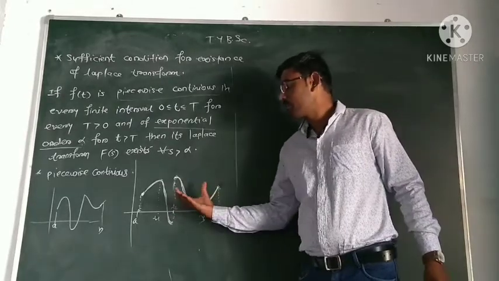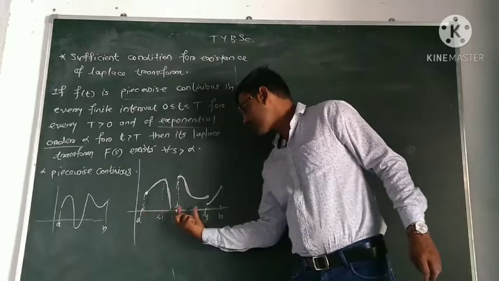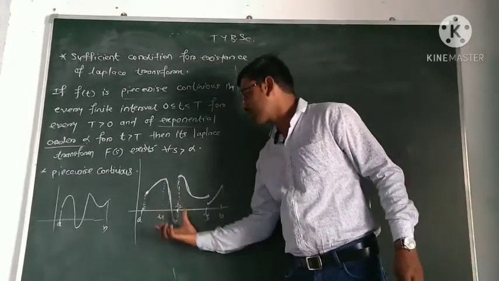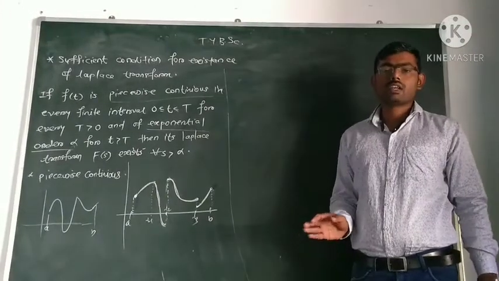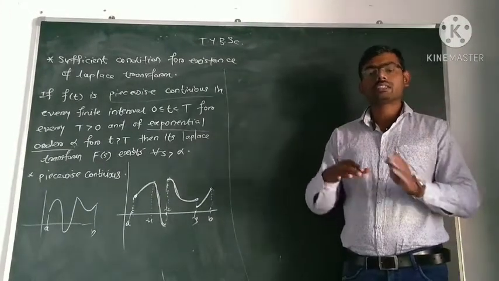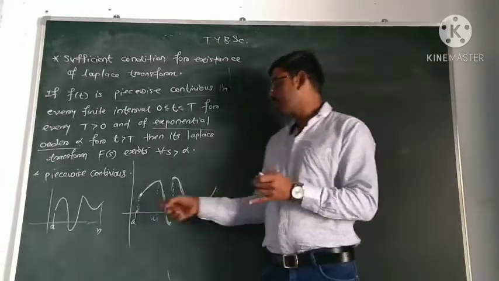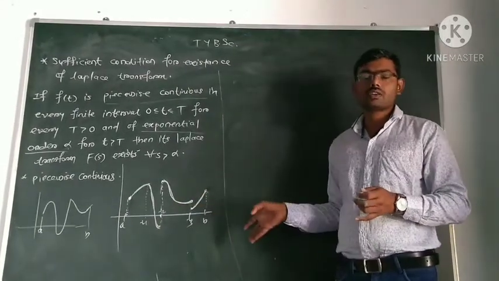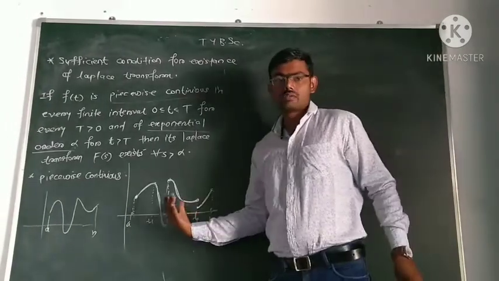This function is continuous in this interval, but it is not continuous in the whole interval. Such functions are called piecewise continuous functions. And every continuous function is always a piecewise continuous function. There is no problem: if a function is continuous, there is no tension about it being piecewise continuous, because continuous is a stronger condition than piecewise continuous.